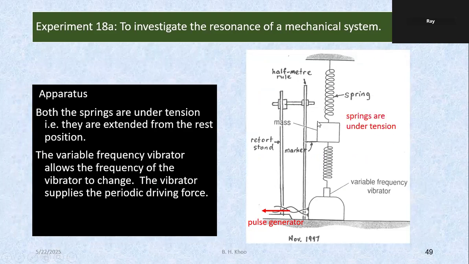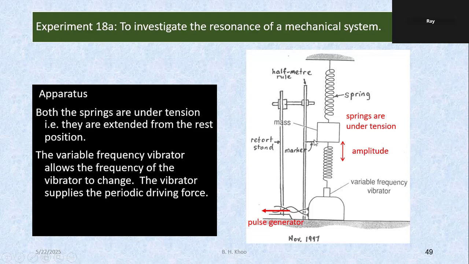Where there's a block of wood to investigate the resonance of a mechanical system. The vibrator will cause the spring to vibrate and the mass to vibrate up and down. Then you can observe the amplitude by observing the marker.